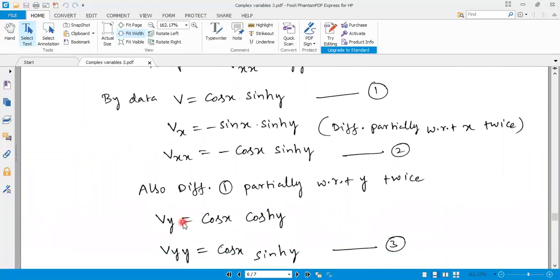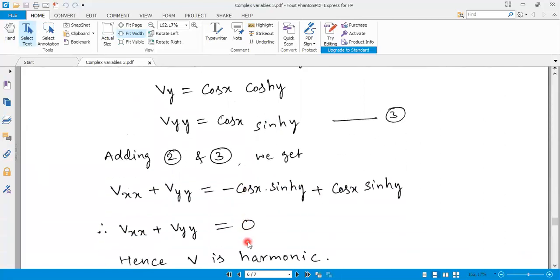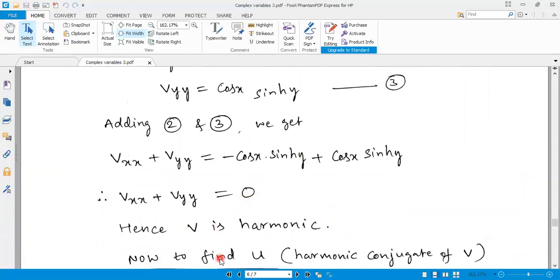The first time, vy equals cos x cos hy. Differentiating a second time, vyy equals cos x sin hy. So when you add equations 2 and 3, minus cos x sin hy plus cos x sin hy get cancelled. So we obtain 0. Hence, v is harmonic.